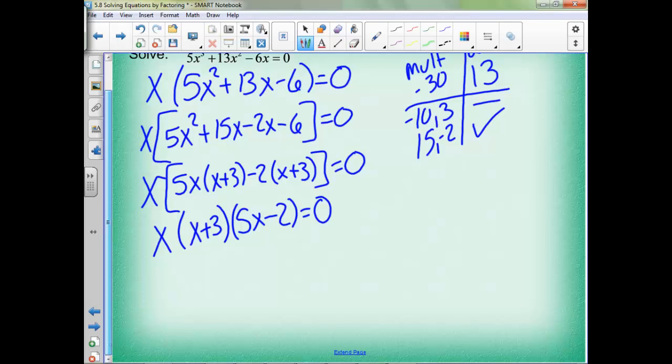So now we've got 3 terms, but it works the same way. So either x is 0, or x plus 3 equals 0, or 5x minus 2 equals 0.